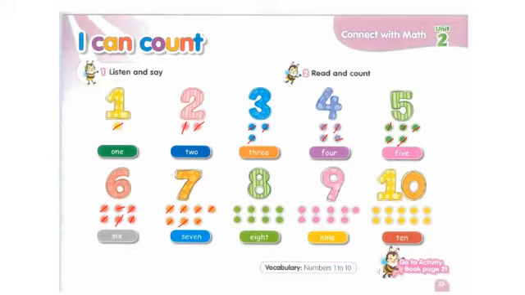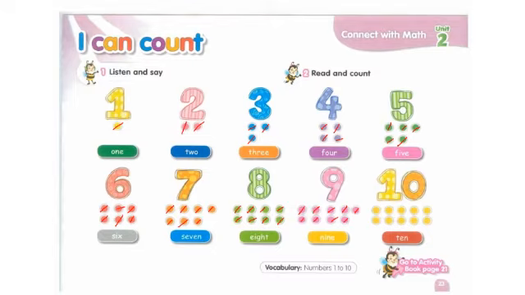Let's count the dots. 1, 2, 3, 4, 5, 6, 7, 8. Next is number 9. Let's count the dots. 1, 2, 3, 4, 5, 6, 7, 8, and 9.